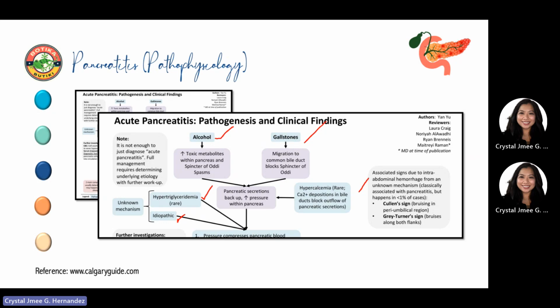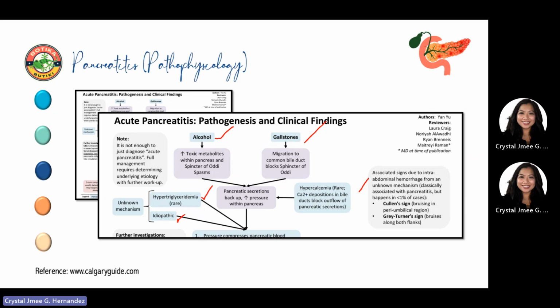Gallstones may migrate to the common bile duct, blocking the sphincter of Oddi, leading to the same effect of increasing pancreatic backup and pressure. Hypercalcemia, as I've mentioned, although rare, causes calcium deposits in the bile ducts that eventually block the outflow of the pancreatic secretions.